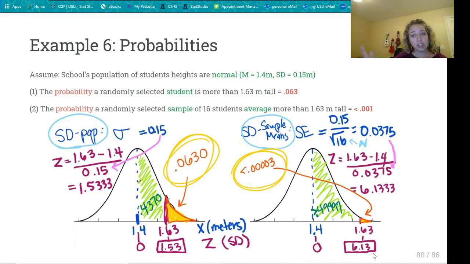In part 2, since our p-value is so tiny, this is the exception to the equals 3 digits rule. You would report that as less than 0.001. So we still have 3 numbers, but instead of being equal to something, we say it's less than the tiniest amount we're going to report.